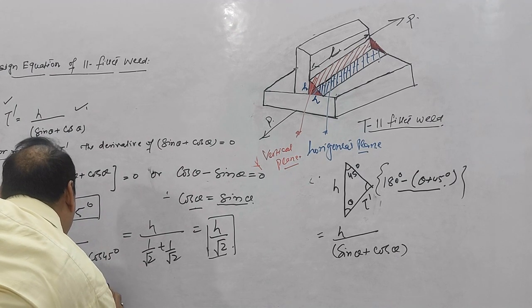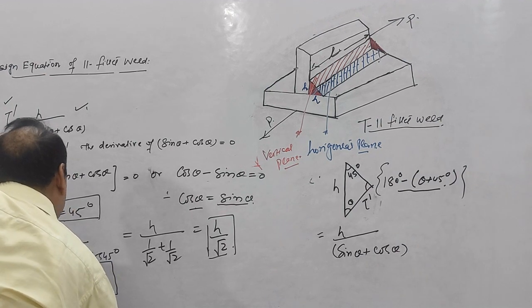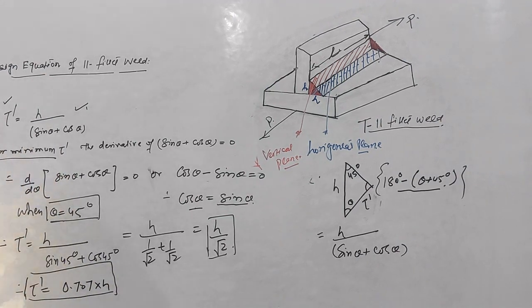So this is the minimum thickness, or you can say this is the equation of the throat thickness. The formula for throat thickness is T dash is equal to 0.707 into h.